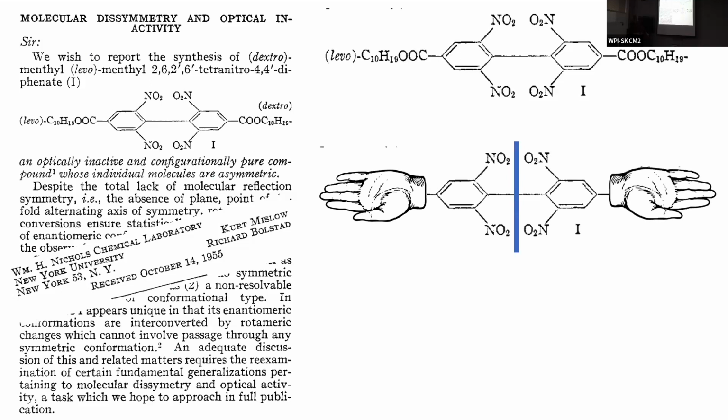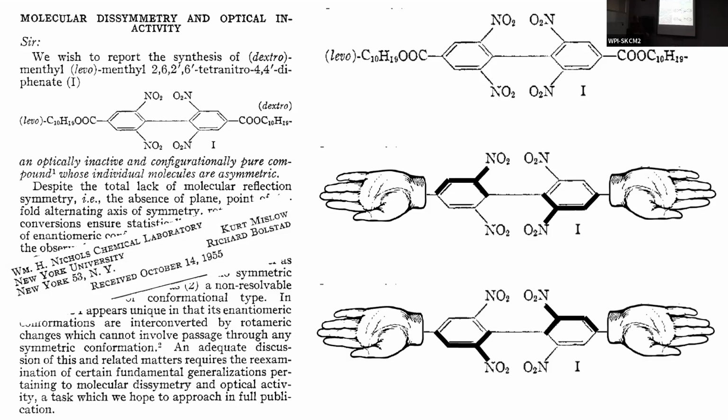But it turns out that this central carbon-carbon bond here is kind of crowded. And so all of these nitro groups can't fit in a common plane. So the structure has to be twisted somewhat. And because the structure is twisted somewhat, it obviates the mirror plane that relates the chiral groups that are on the opposing ends of the molecule.